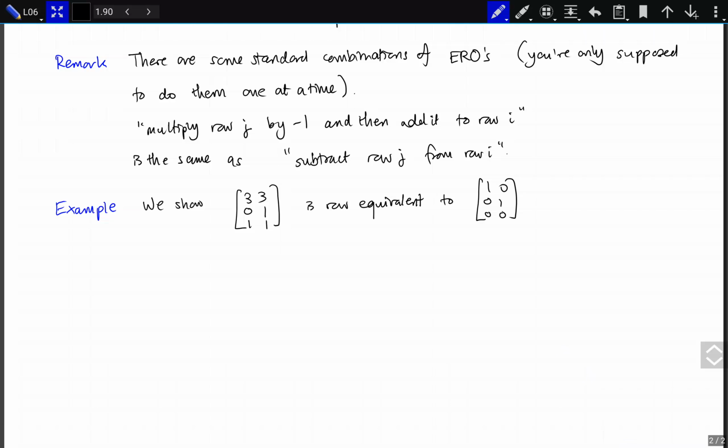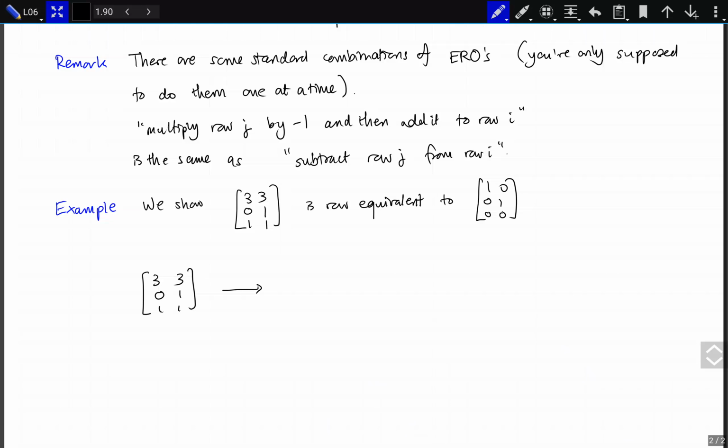As a remark, whenever you're doing these row operations, please be helpful and actually write down which operations you're going to do. So you notice that when I do this, I'm going to be very careful in writing down each time which operations I'm doing. So let's start with this matrix.